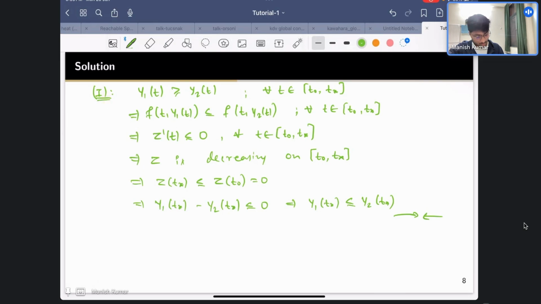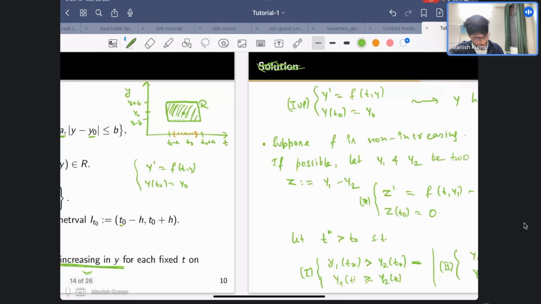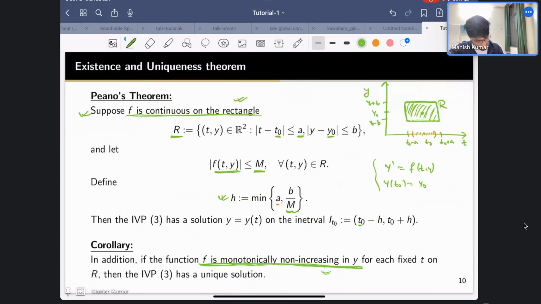Okay, so this is just a sketch of the proof for this corollary. When f is non-increasing, you have uniqueness of the solution.